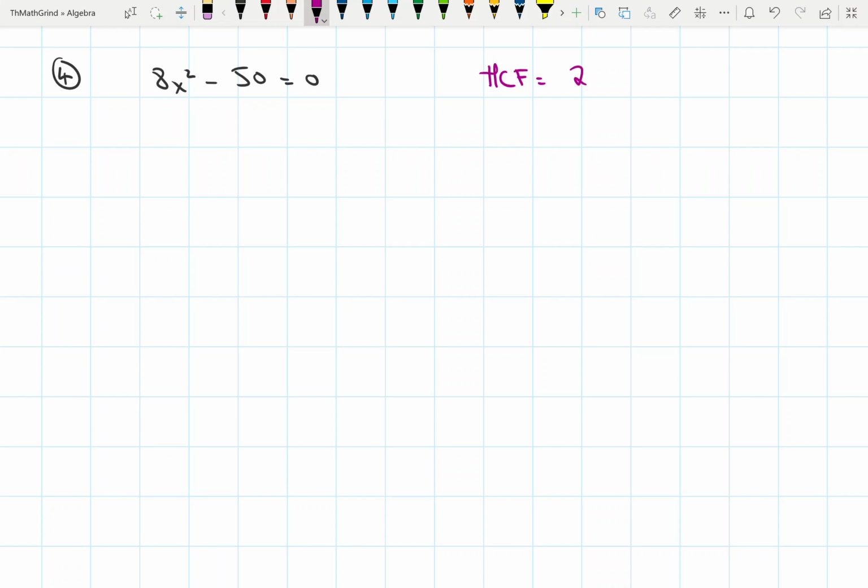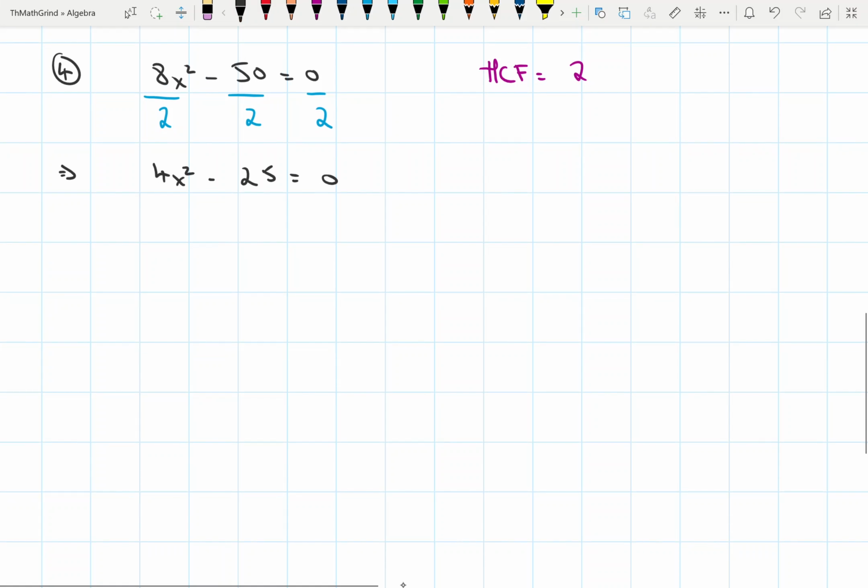But if the highest common factor is just an integer or a real number, so it's not an algebraic term, then if it's an equation, we're allowed to just divide the whole equation by the highest common factor. Remember I said you can, as long as you divide both sides by the exact same thing, it'll stay balanced. And then I'm left with 4x squared minus 25 is equal to 0 whenever I divide everything by 2.